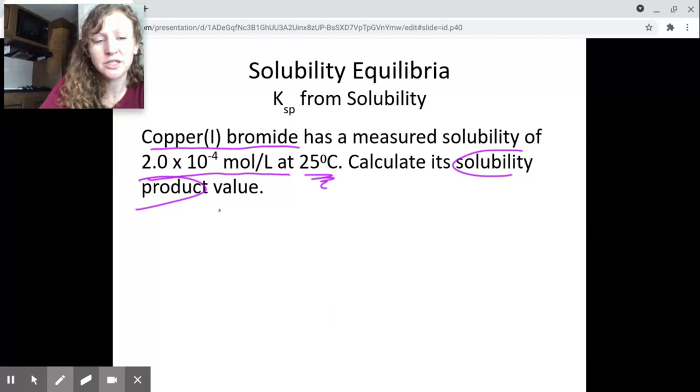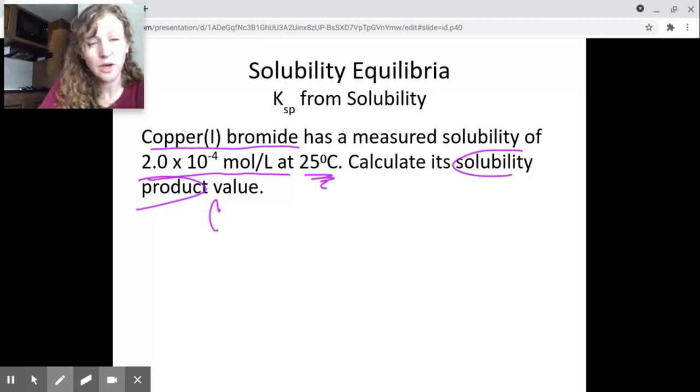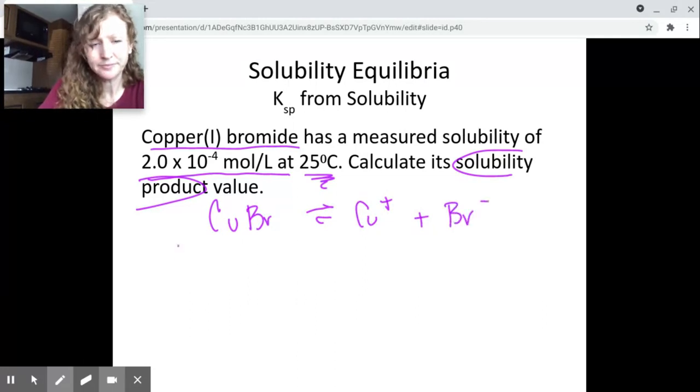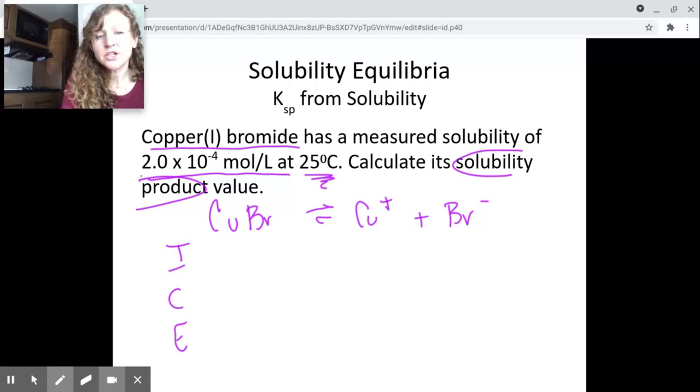So our reaction has to be the solid going to ions, copper 1 bromide going to copper 1 and bromide. Now, they tell us we have a measured solubility of 2 times 10 to the negative 4th moles per liter.